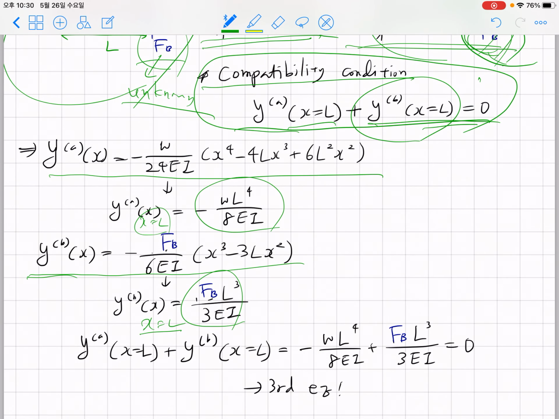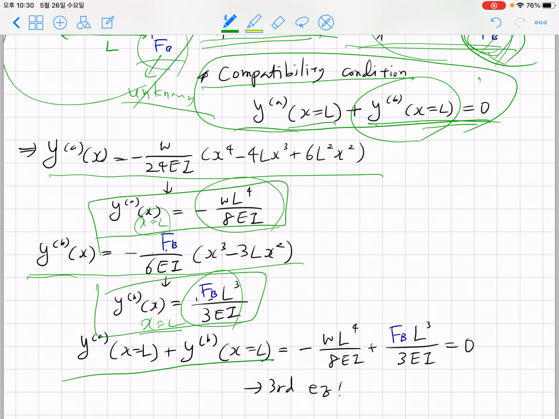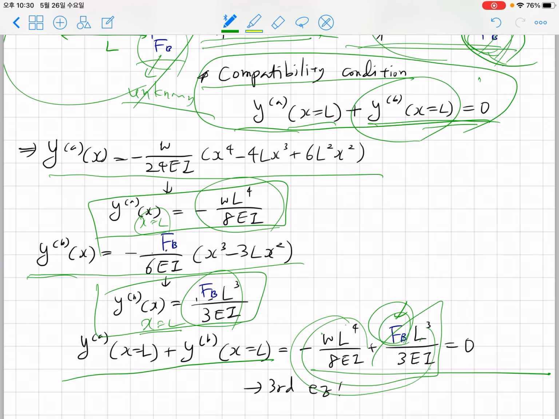Then our compatibility condition tells us that if you sum up this and this, they must sum up to 0. Okay, and FB is the only unknown, and L, E, I, and W are the values given in the problem. So we can obtain FB in terms of the others.